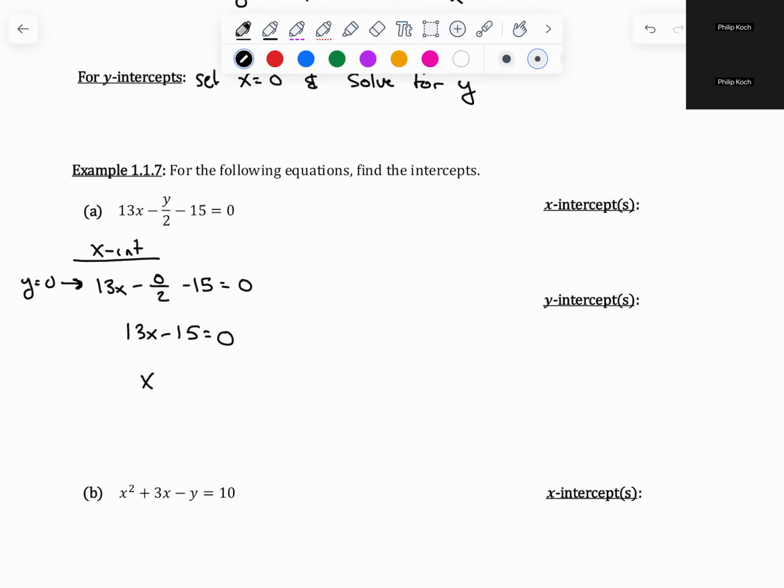The answer is x equals 15 thirteenths. So the intercept is 15 thirteenths comma 0. Sorry, I wrote 15 thirds there as well. I don't know why I wrote that.